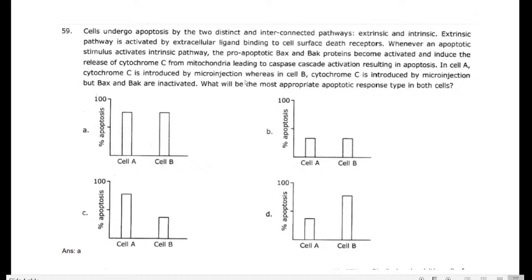The first four lines give the story about the apoptotic pathway. They are giving a better idea that leads you to understand the apoptosis concept, and only then do they provide the question. This is helpful for understanding.